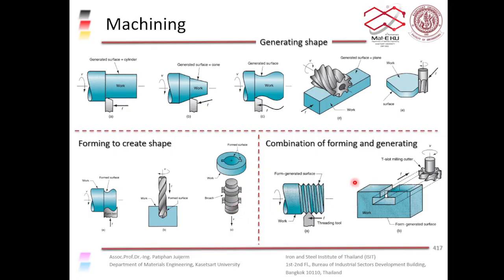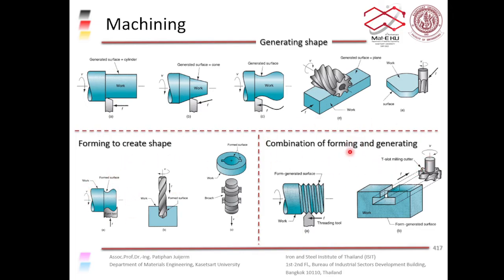You can have a combination of forming and generating as well. In this case, T-slot milling can produce a new surface just like generating, but because the shape of the milling bit produces a T shape, the shape of the product is according to the shape of the cutting tool, just like in the forming process.